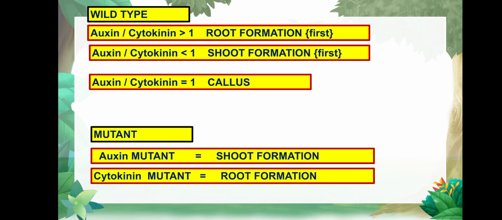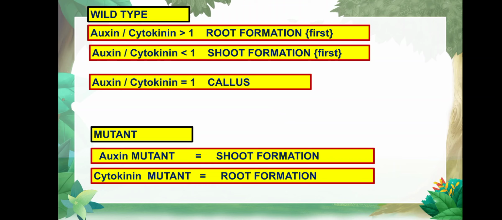When the auxin and cytokinin ratio is greater than 1, that is, auxin is more and cytokinin is less, there is root formation first, and afterward shoot formation. And when the ratio is smaller than 1, that is, cytokinin is more and auxin is less, there is shoot formation first. And when the auxin and cytokinin ratio is 1, the callus remains undifferentiated.